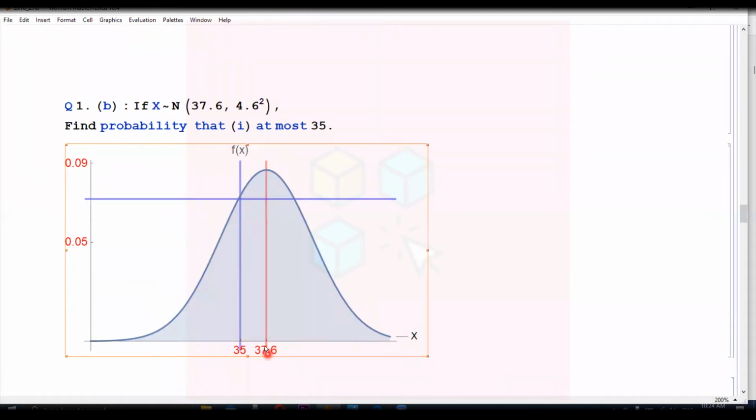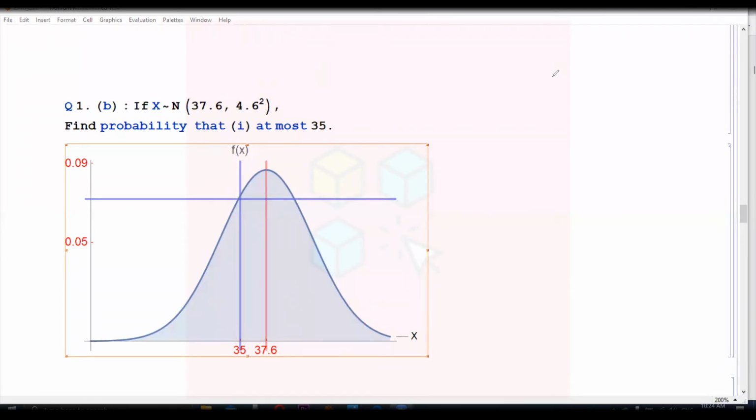If this is our mu, then 35 is on the left side of this figure, and if 35 is here, you can know that at most 35 means maximum 35. So which area would be shaded?